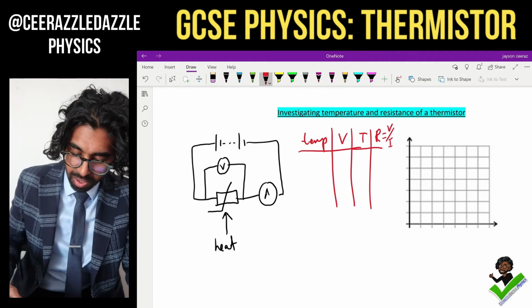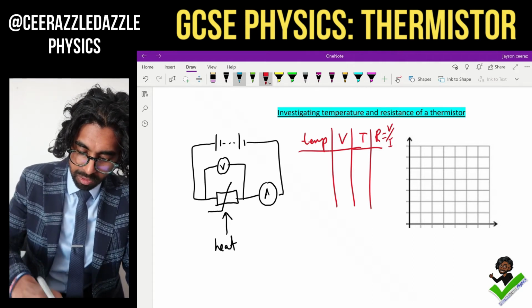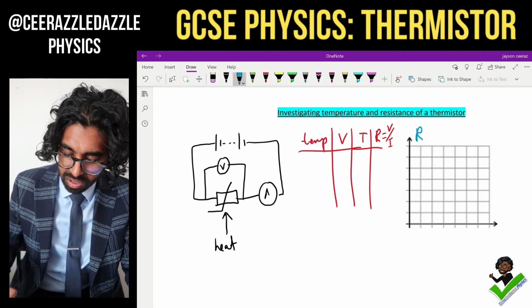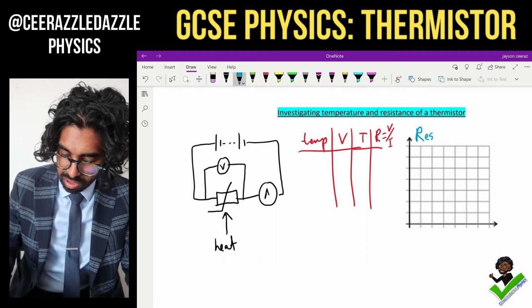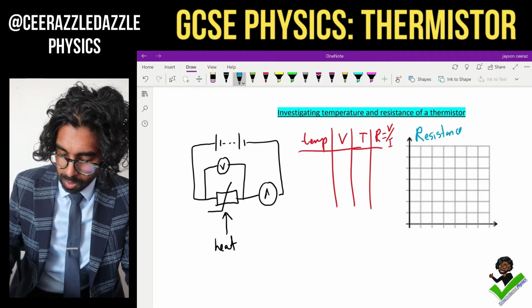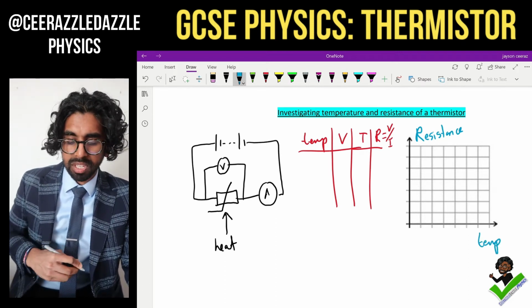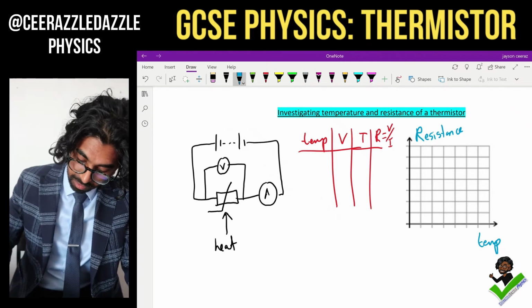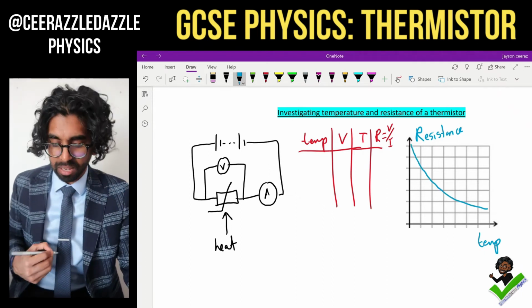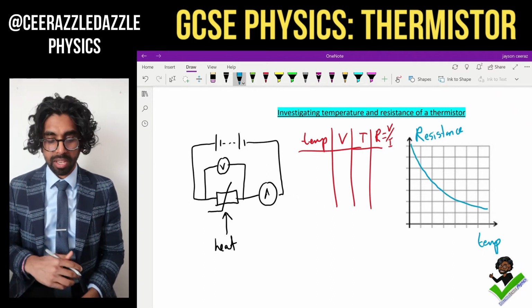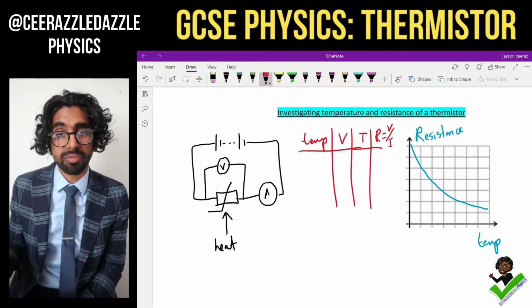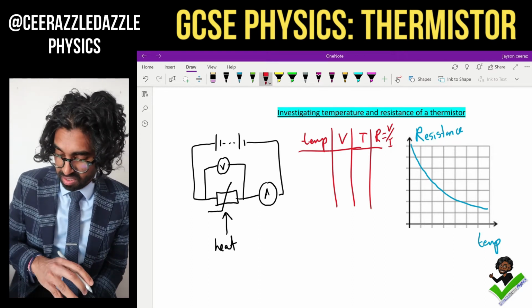What's going to happen? We'll get the following graph. If I plot the graph of the resistance, on this axis, against temperature, we'll get the following graph. It will drop down. That is a graph you have to memorize for the GCSE. It's very simple.